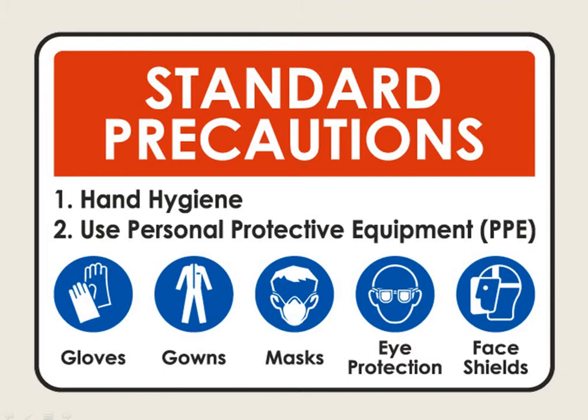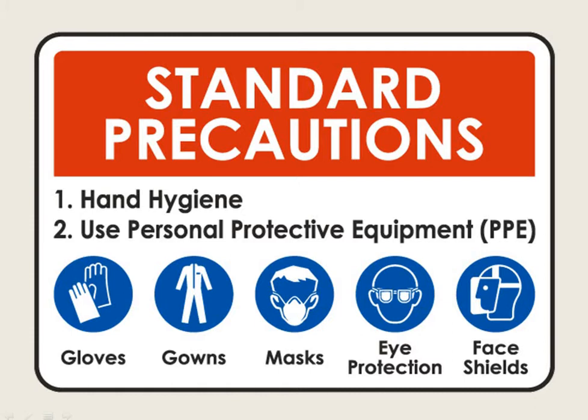We have to undergo special precautions, in which we have to work in a few systems. Number one is called hand hygiene. As we know, hand hygiene is the prime important practice which helps us get away from 99.9% of the infection. And secondly, use of personal protective equipment or PPE kits, which help us protect ourselves from all types of aerosol infections as well as liquid infections as well as solid waste.